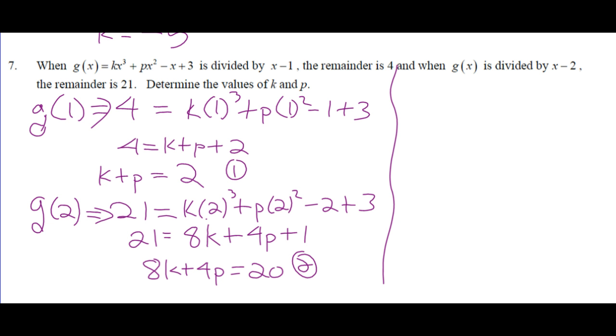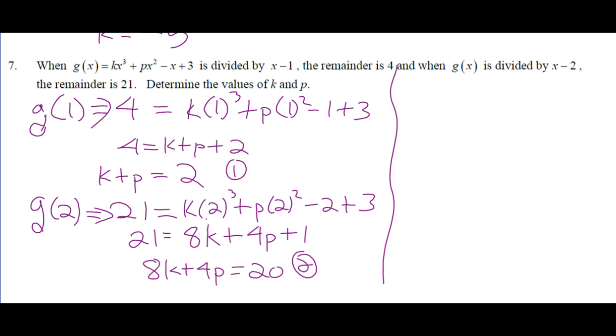So I have many ways I can solve this, right? So Jesse said, divide through by 4, just get 2k plus p is equal to 5, and then do substitution. You could just say p is equal to 2 minus k, substitute in. You could say k is equal to 2 minus p, substitute in.